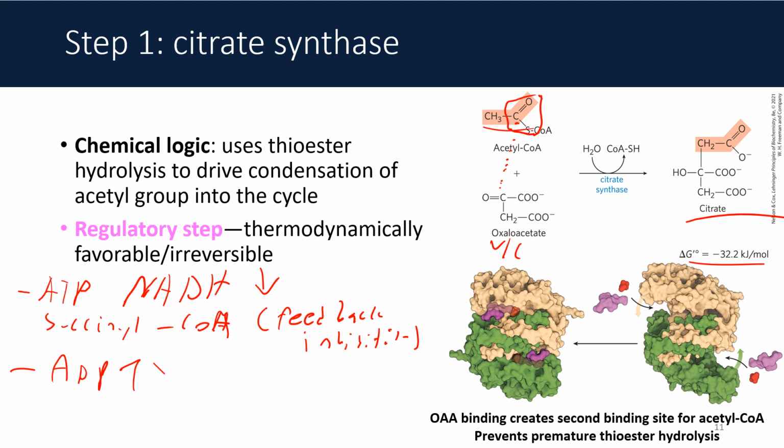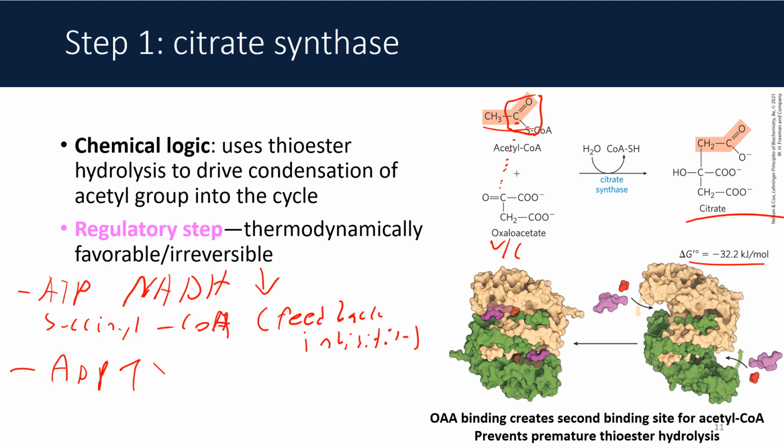A cool fact about the citrate synthase anatomy is that substrate binding is sequential. The binding of oxaloacetate is actually always going to form first. And in doing so, it is going to rearrange the fold of the protein to actually create the acetyl-CoA binding pocket, which is going to come in next.